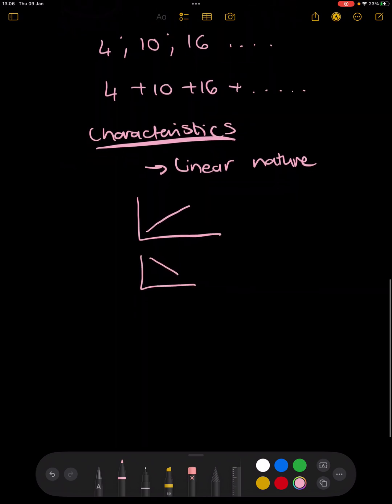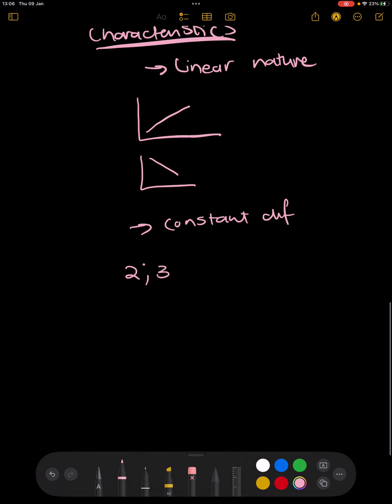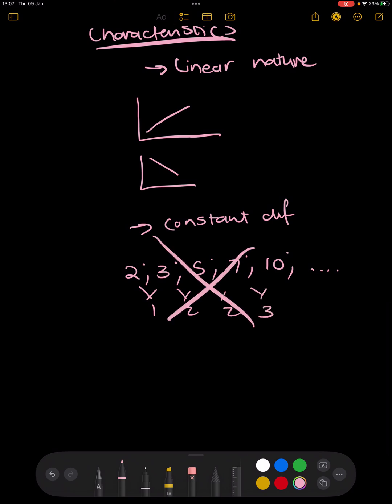The second characteristic is there's always a constant difference. So if your series, for example, looks like this, the differences between them are not constant. So this would not be considered an arithmetic sequence.